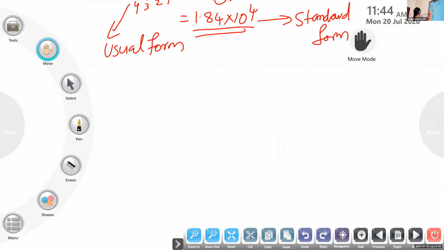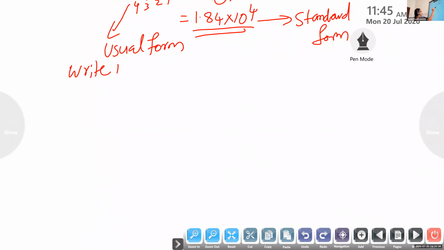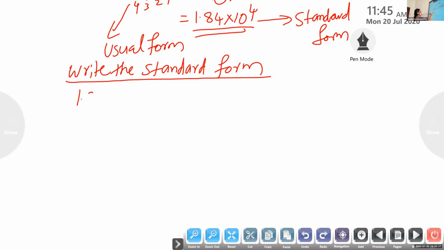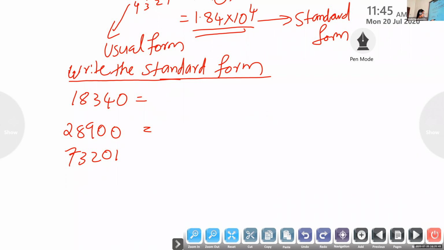You can write the question as: write in the standard form. Write all these numbers in the standard form.